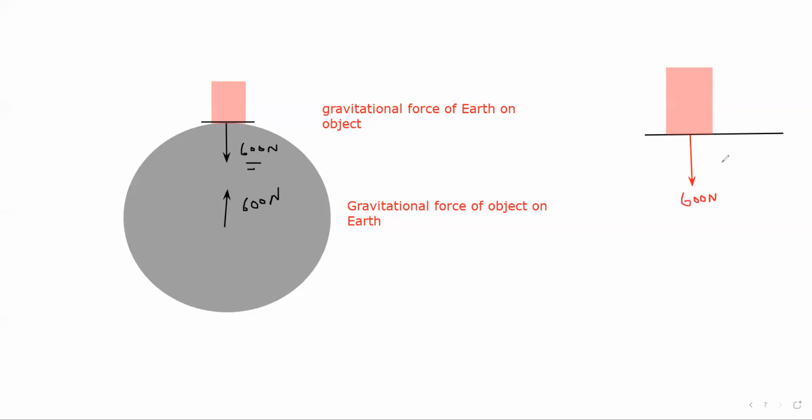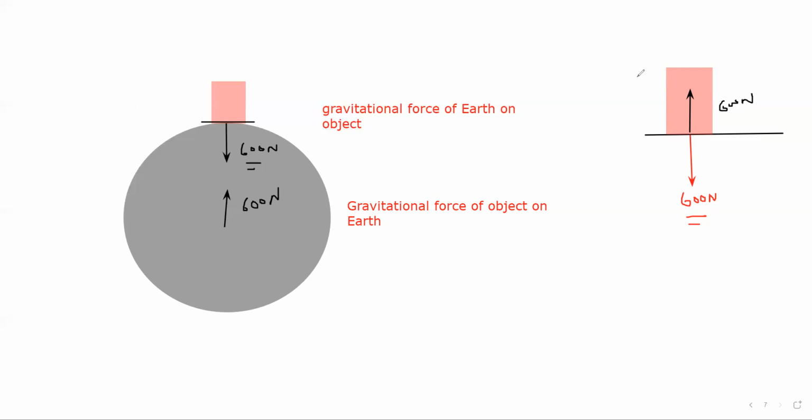Whenever there is contact, we call that electromagnetic force. So 600 Newton downward, and the surface will also apply a force of 600 Newton upward. So the downward force by the object is equal to the upward force by the surface.